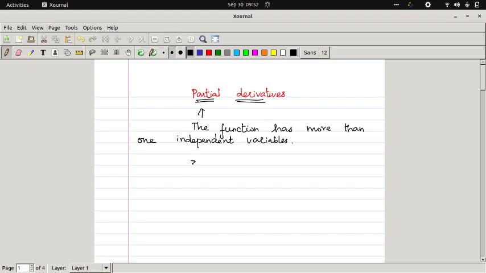Suppose I take z equal to, for example, f of x comma y. Here x and y are independent variables and z is the dependent variable. I assume it in such a way that I will proceed.